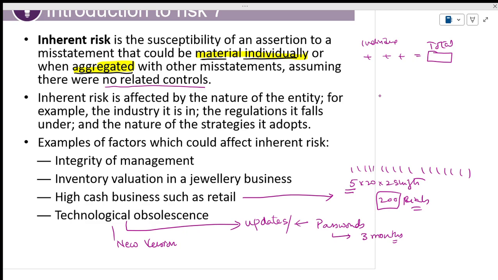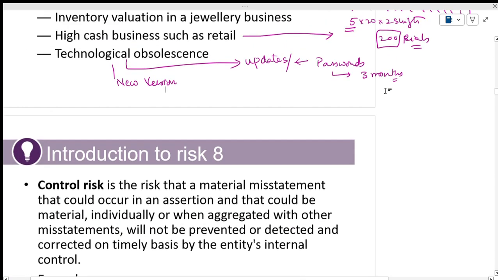But we are making sure that things are updated, and we are not going to fall far behind the technology. These are the things. Inherent risk means it happens with no related controls. This is the first one.